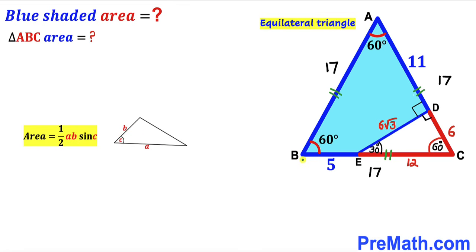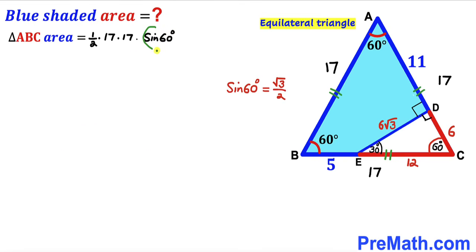And here our two sides for this triangle ABC are 17 units, and the angle in between is 60 degrees. So therefore this triangle ABC area has got to be a half times one side is 17, the other side is 17 as well, times sine of our angle 60 degrees.